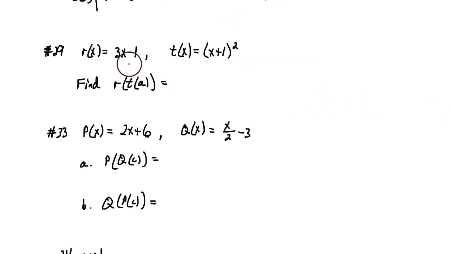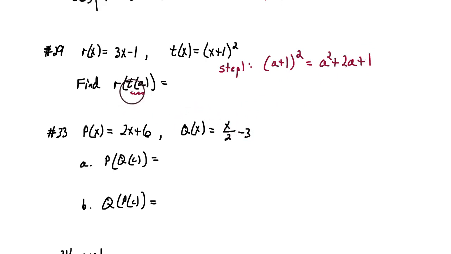Number 29, we have a rule for r and another rule for t. We're asked to do a composition. Let's first find t of a. So that'll be our step 1. Take the rule for t and fill in an a. We get a plus 1 squared. Let's expand that. A squared plus 2a plus 1.